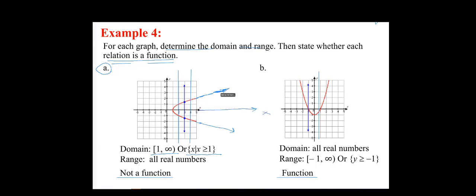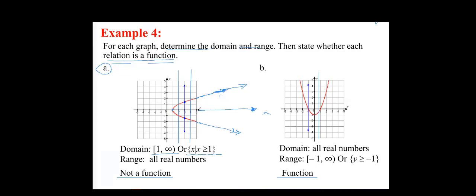Do you agree with that? Yes. So this goes forever, gradually getting wider and wider. Therefore, it would cover the rest of the numbers on the x-axis. So that is your domain. Your domain starts from this point right here, which is 1, all the way to infinity. That's what infinity means.